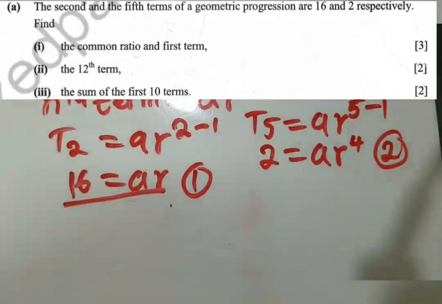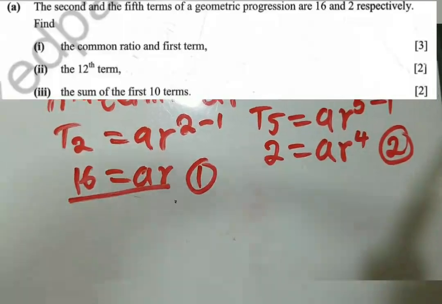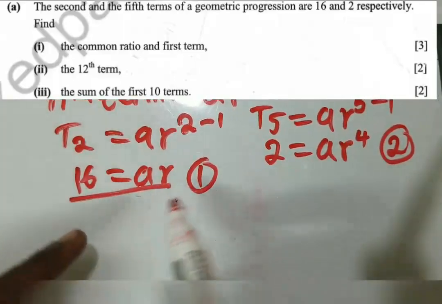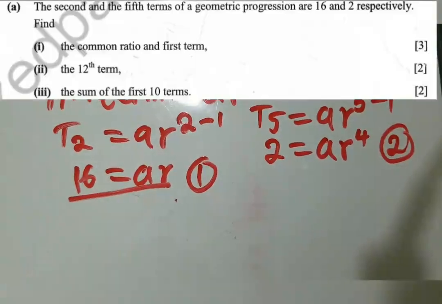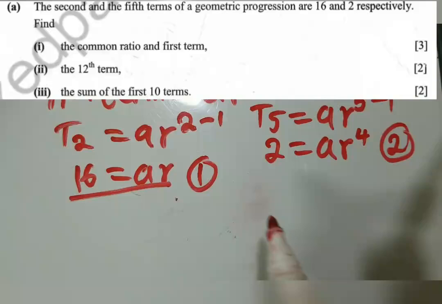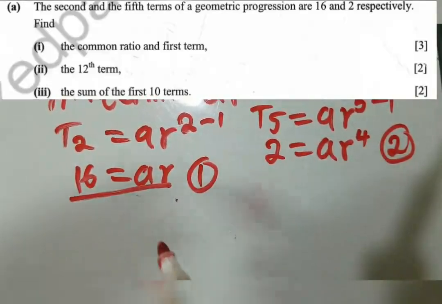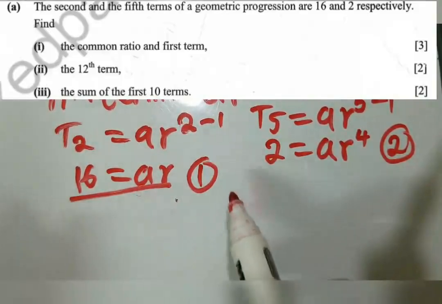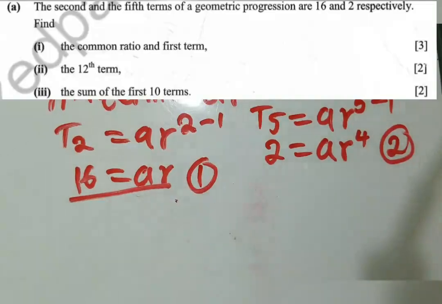We have these two equations, so we solve them simultaneously using the substitution method. In simultaneous equations, you make one letter the subject, then you replace it in the other equation.